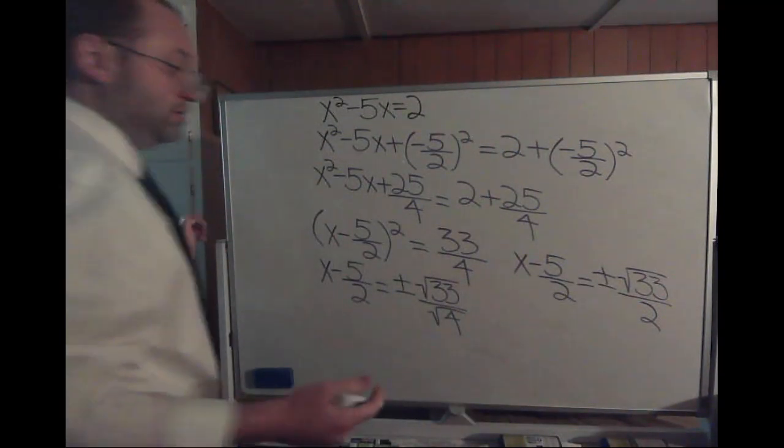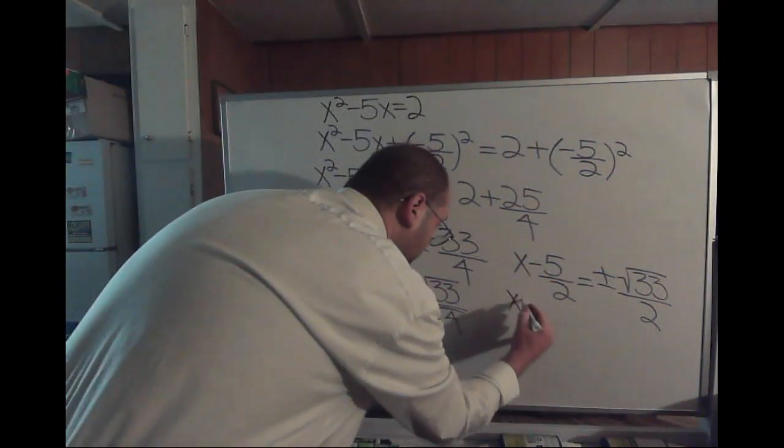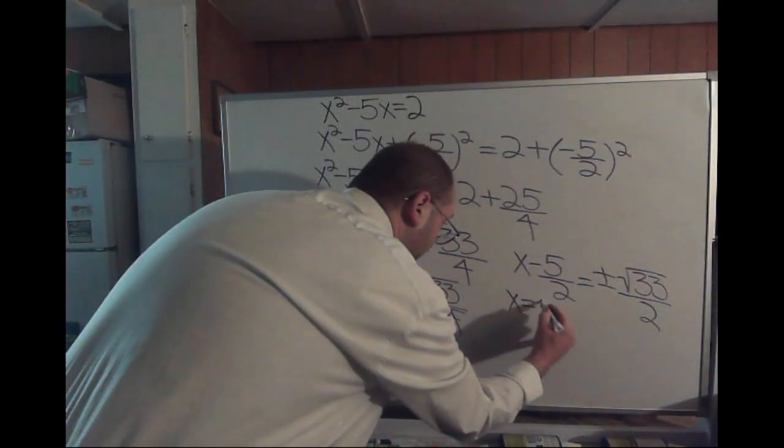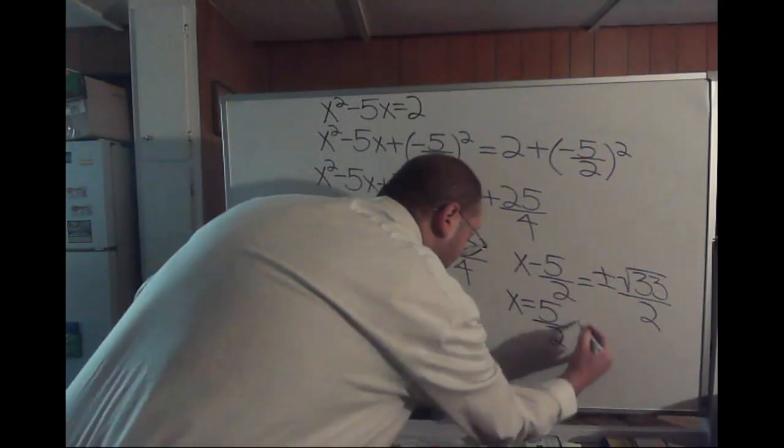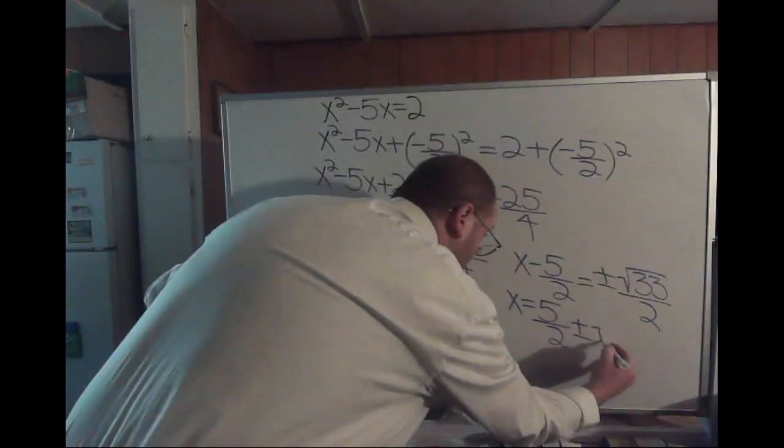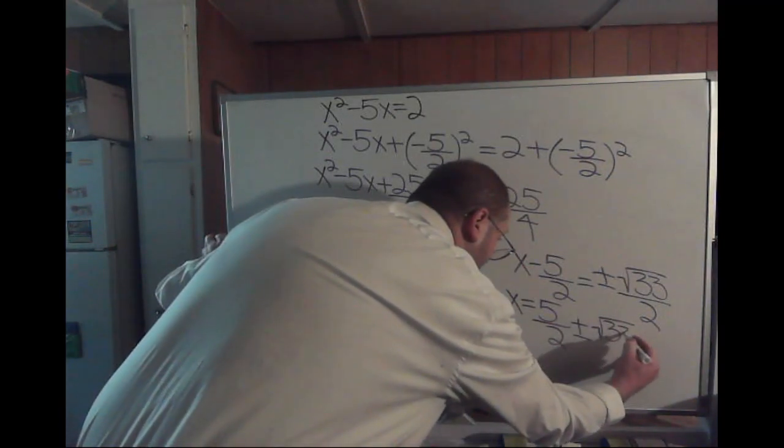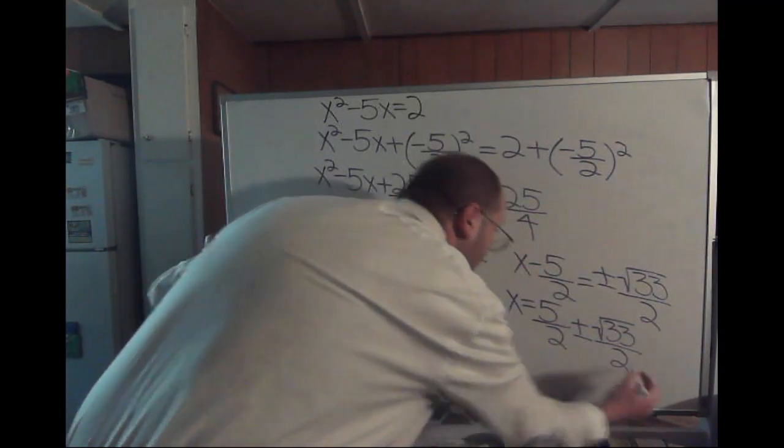So now, then, x would equal 5/2 plus and minus the square root of 33 all over 2.